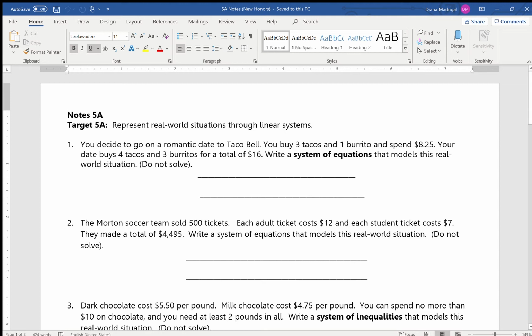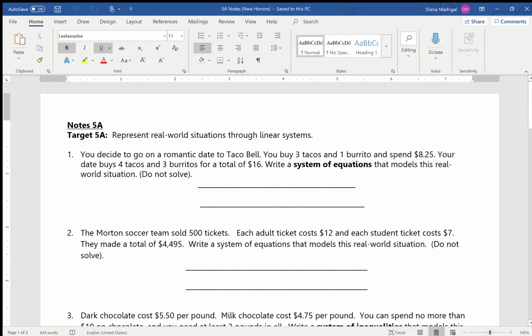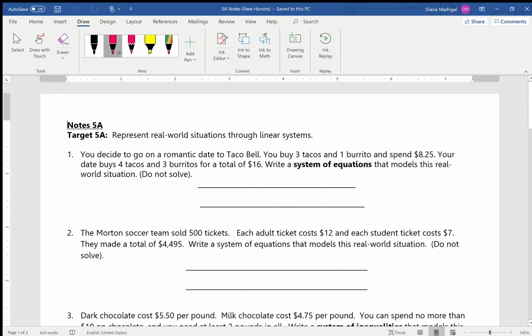So again, we're starting with KC5A today. And in KC5, we're talking about systems of equations or systems of inequalities. In case you didn't know, let me write it right here.